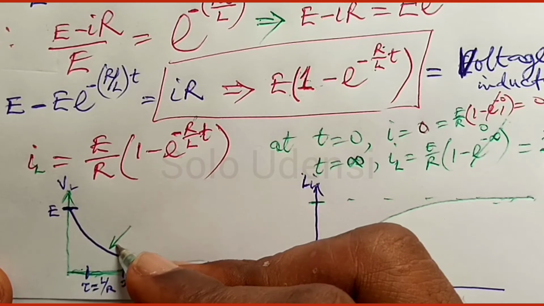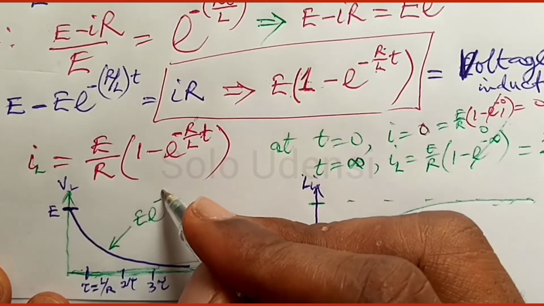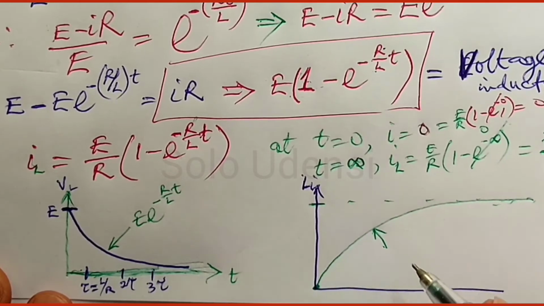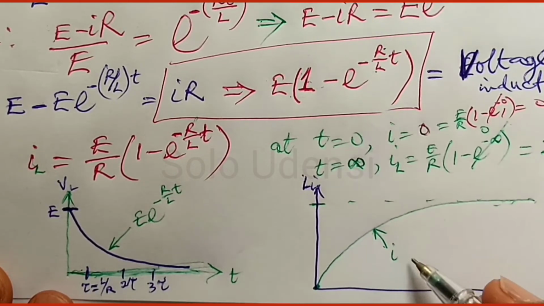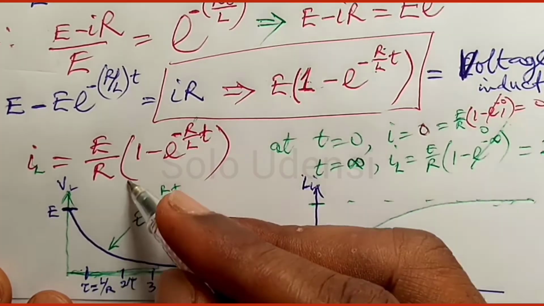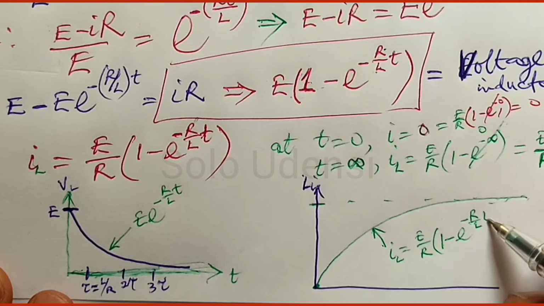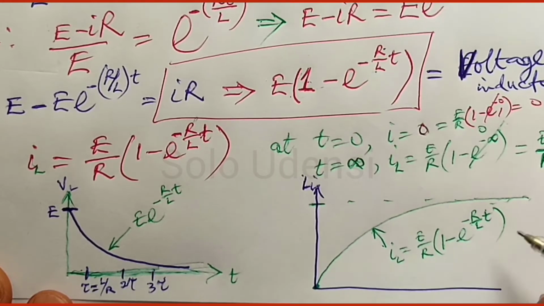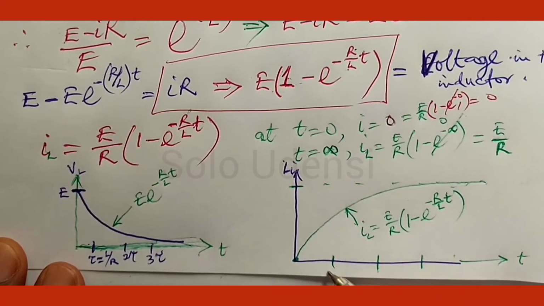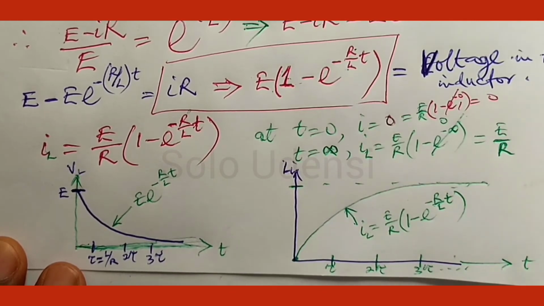So this is a graph of E exponential minus R over L times time, whereas this is the graph of IL is equal to E over R into 1 minus exponential minus R over L times time. These are time constants. Time. This is tau, 2 tau, 3 tau, and so forth and so on.